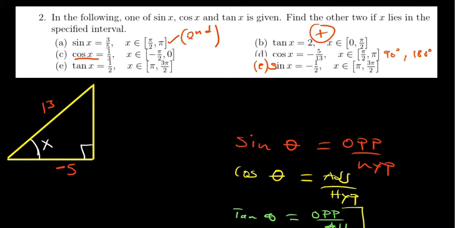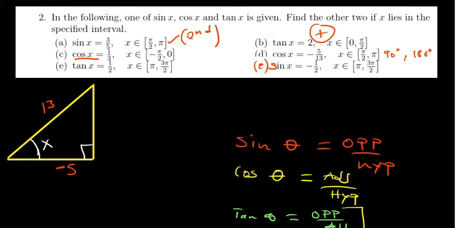Okay. So if we look at this one, which quadrant is this? Between pi over 2 and pi, that's the second quadrant, so only sine will be positive here.